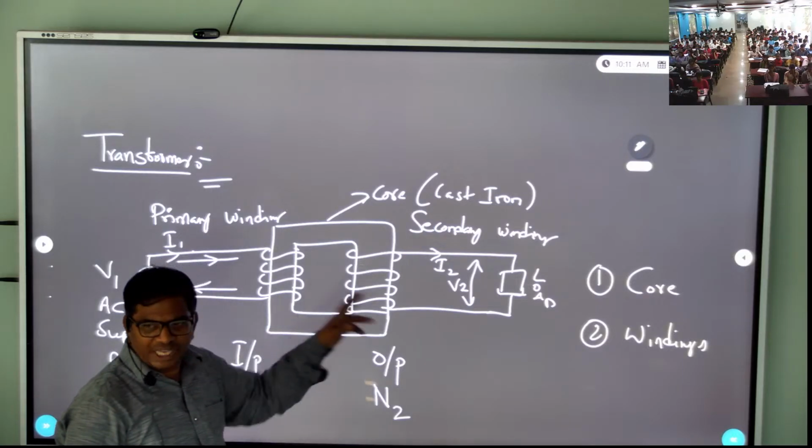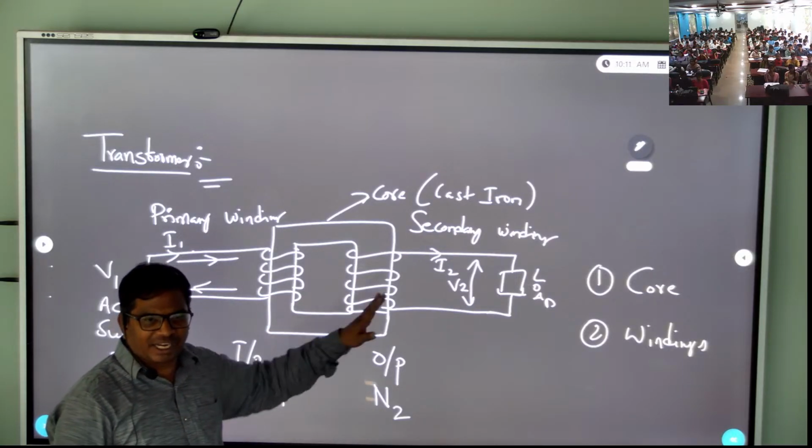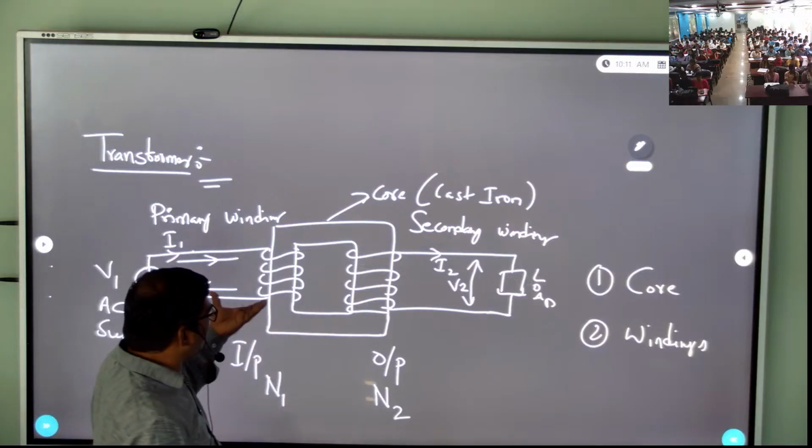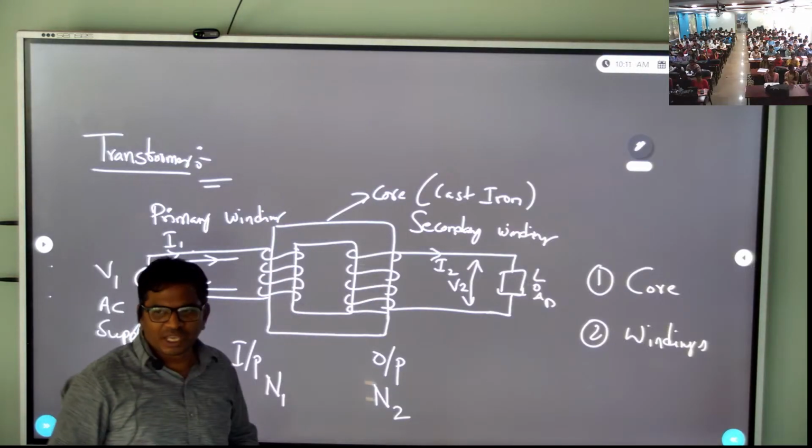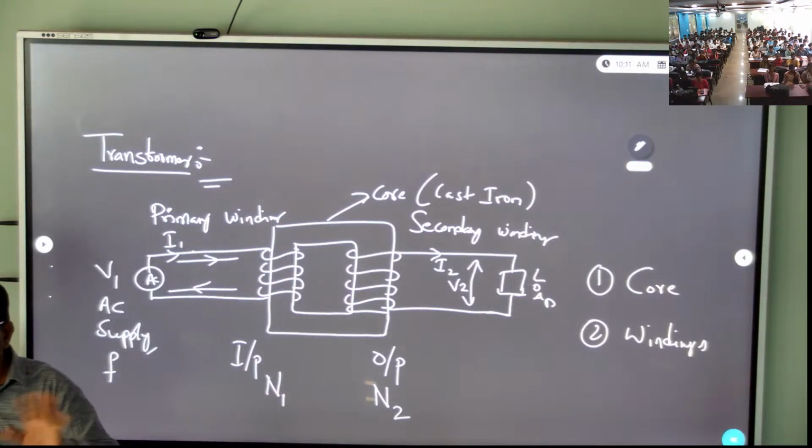There is no direct connection between the primary winding and secondary winding, or the primary circuit and secondary circuit. That's why we say mutual induction. The transformer works on the principle of mutual induction. I will explain that now.